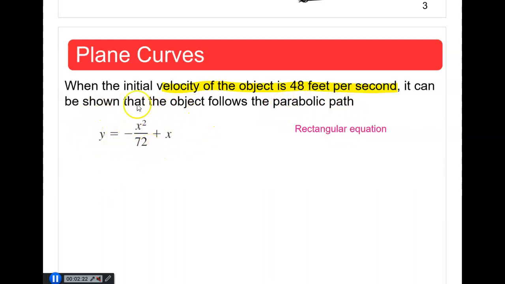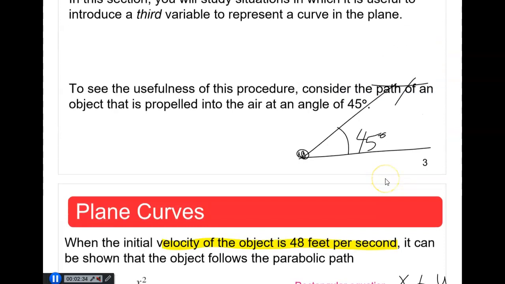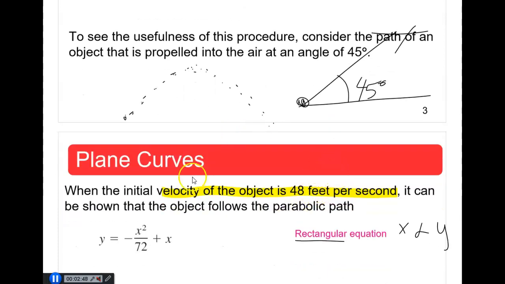And we have the equation here rectangular because we have it in terms of x and y. So that is rectangular. And so if we were to throw the same object, it will eventually reach a highest point and then it will come down. So that is the parabolic path that we're talking about.